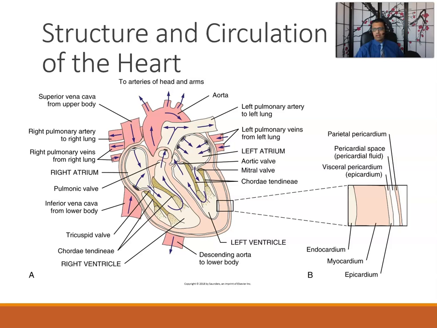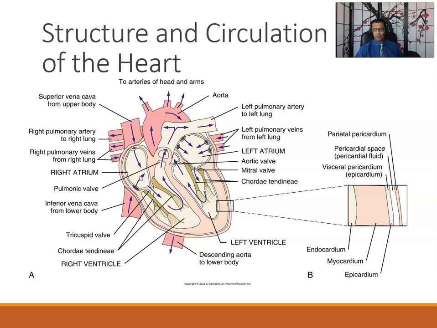You probably have had anatomy already, so I don't need to give you a brief overview of the heart, but the heart has 4 chambers: the right atrium, right ventricle, left atrium, left ventricle. Unoxygenated blood comes from the superior vena cava and inferior vena cava.